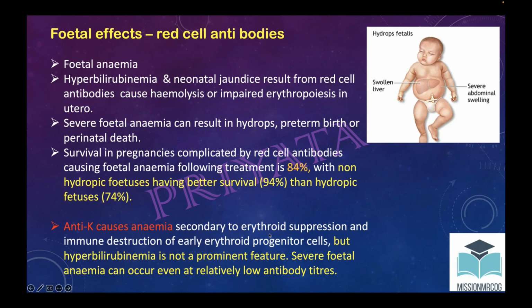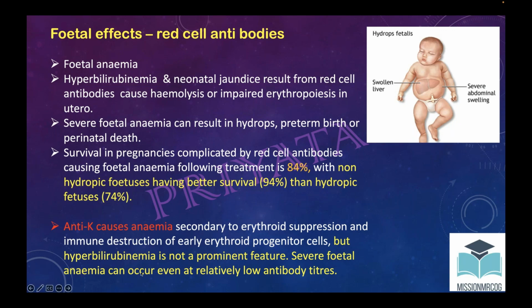The erythroid progenitor cells that start the development of RBC are suppressed, so RBC is not forming here. So anemia in anti-K is because of the non-formation of RBCs, or erythroid suppression.